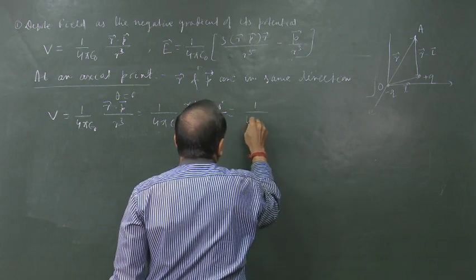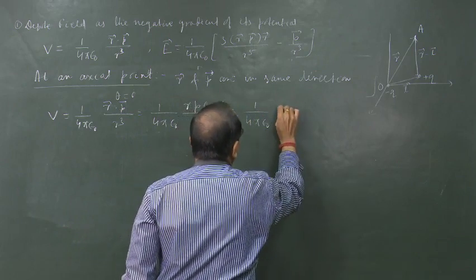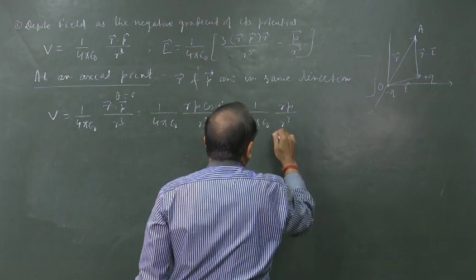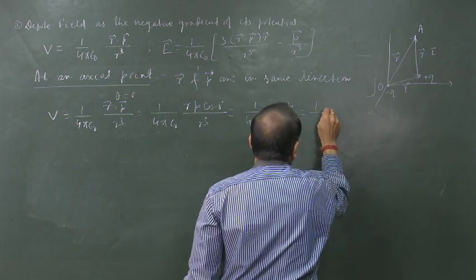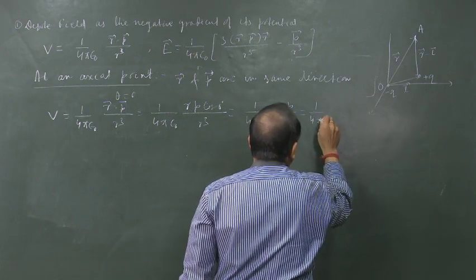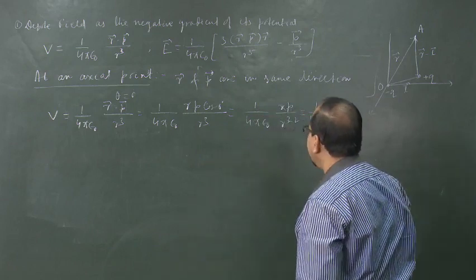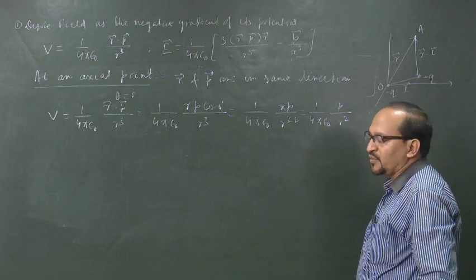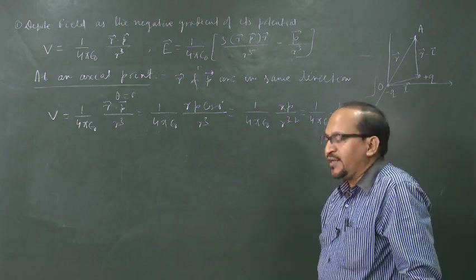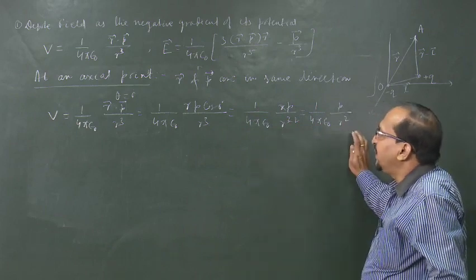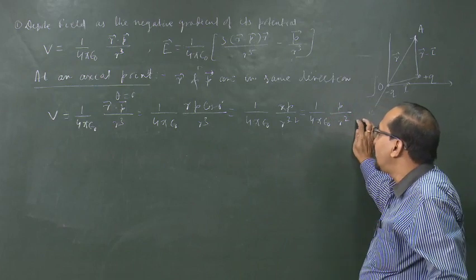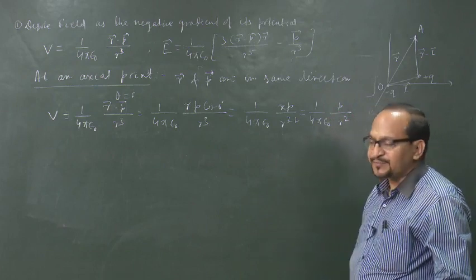So, it is equal to 1 by 4 pi epsilon naught r into p by r cube, and it is equal to 1 by 4 pi epsilon naught into p by r square. Here r cancels out, and we get 1 by 4 pi epsilon naught p by r square. So, potential at an axial point is 1 by 4 pi epsilon naught p by r square.